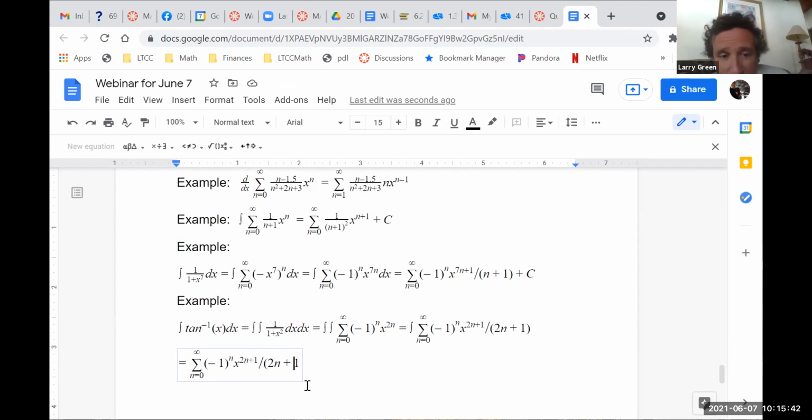So we're going to have a 2n plus 1 times 2n plus 2, and that's going to be an x to the 2n plus 2, and then plus c. And now we've integrated the inverse tangent of x. A little tricky, but if you know the trick, it's actually quite easy, right? All I needed was the power rule for integrals. That's all you ever need to do power series with integrals and derivatives.